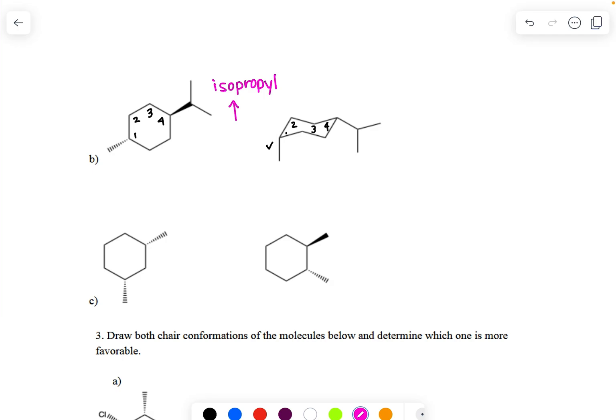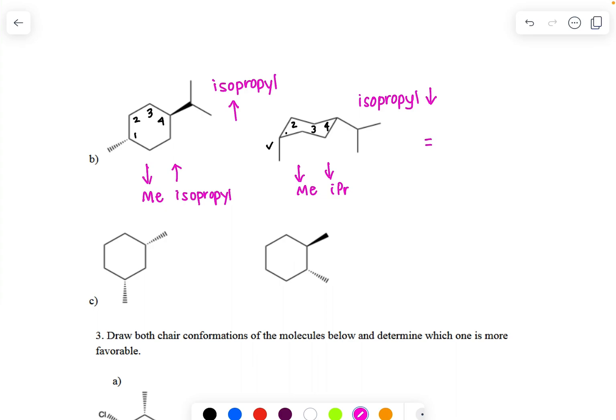And in the chair at carbon number 4, I have an isopropyl that's facing down. So on this side, I have a down methyl, up isopropyl, and on the right side, I have a down methyl and a down isopropyl.